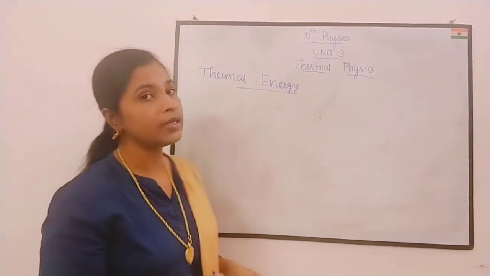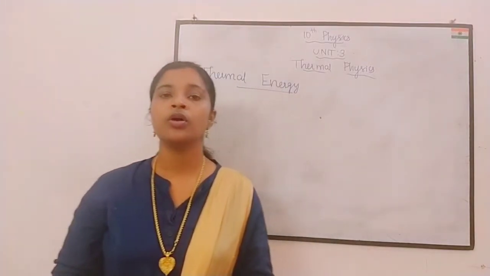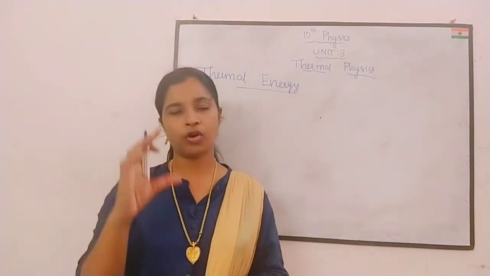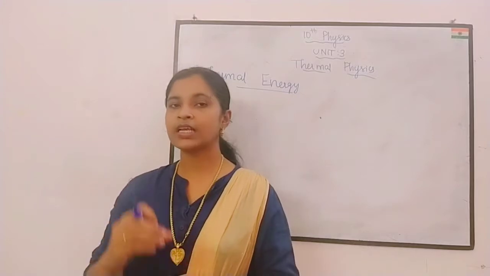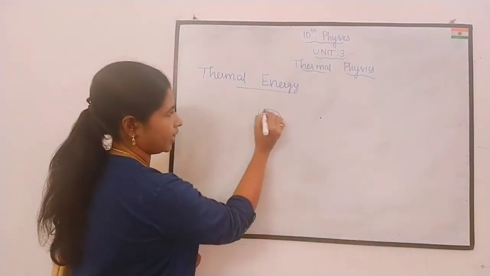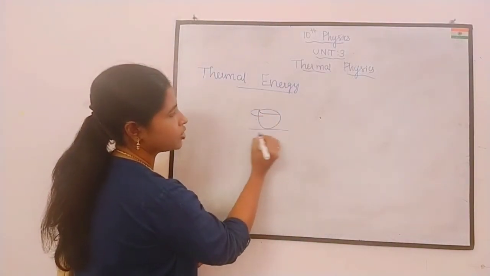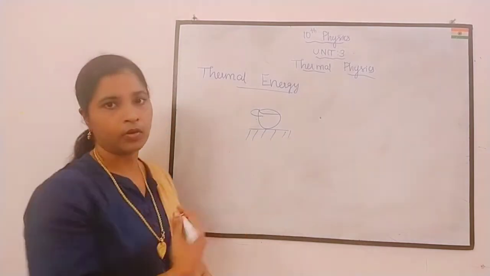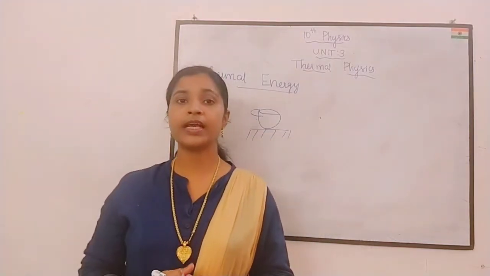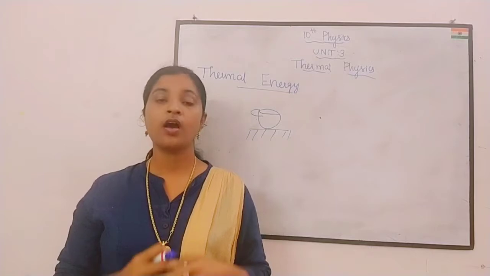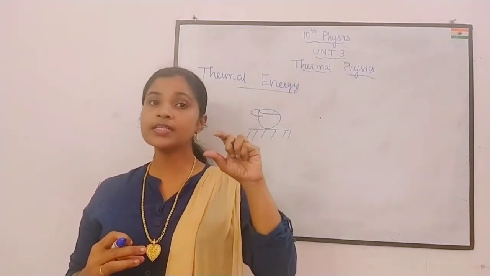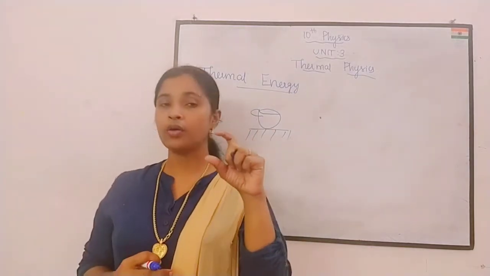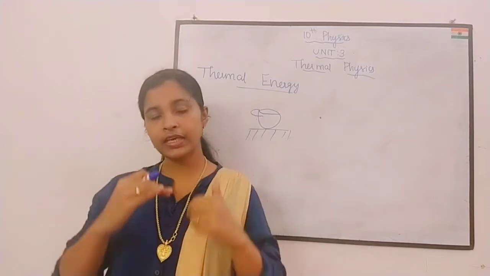What is thermal energy? Consider a cup of coffee or a cup of tea which you have placed on a table. After some time, what happens? The hotness of the coffee gets reduced.